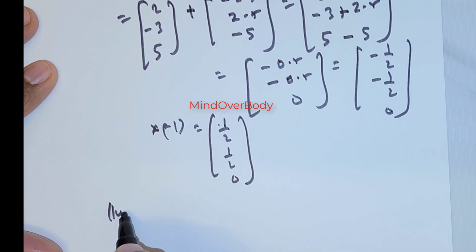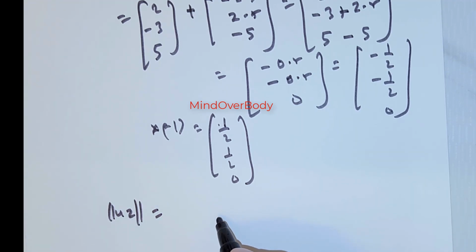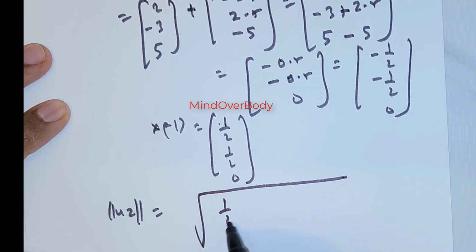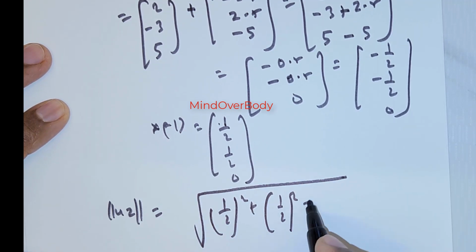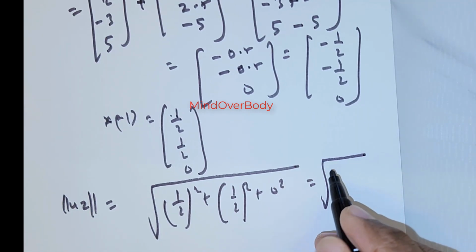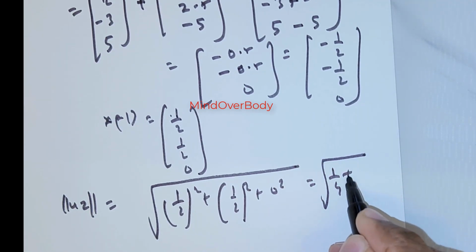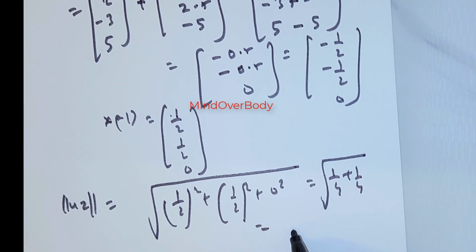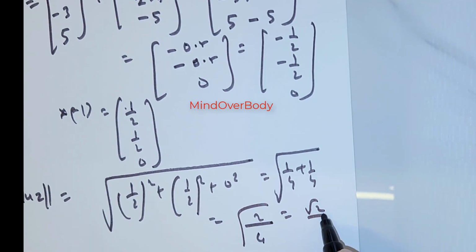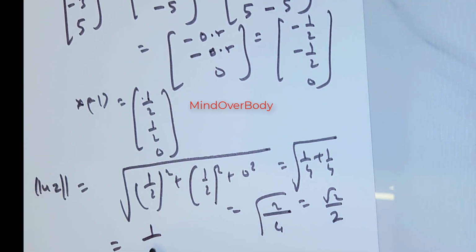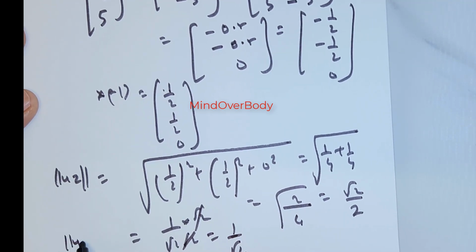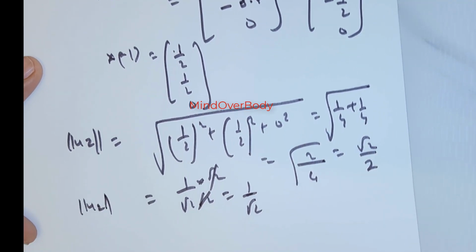Now I calculate the norm of u2. This is equal to root of 1 over 2 squared plus 1 over 2 squared plus 0 squared, which is root of 1 over 4 plus 1 over 4, which is root of 2 over 4. So it is root of 2 over 2. Of course, I can rewrite this: 1 over 2 is root of 2 times root of 2, so a root 2 cancels, giving me 1 over root 2. So this is my norm of u2.